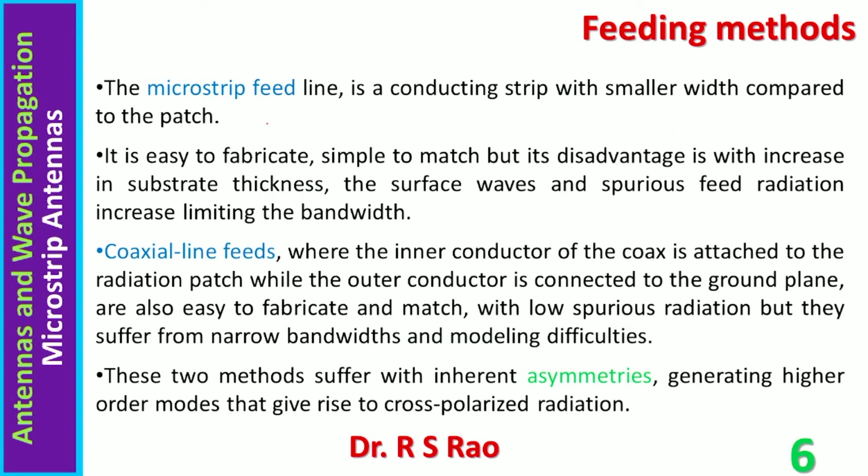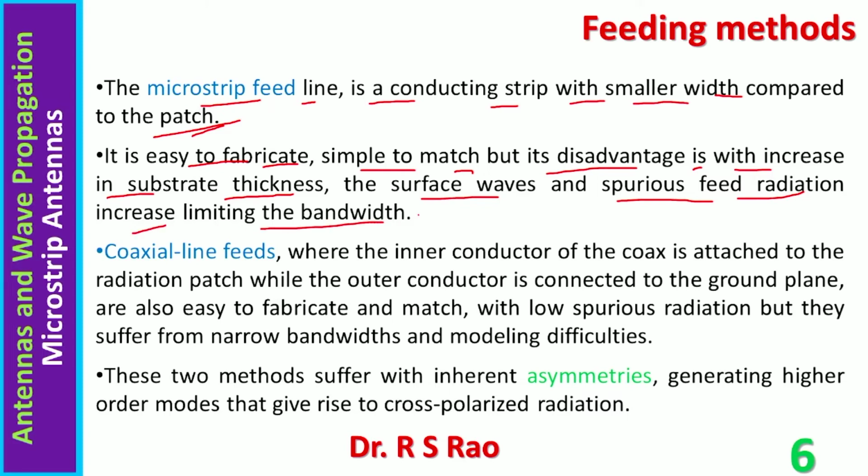A few points, detailed information regarding feeding methods. The microstrip feed line is a conducting strip with a smaller width compared to the patch. It is easy to fabricate, simple to match. But its disadvantage is that with the increase in substrate thickness, the surface waves and spurious feed radiation increase, limiting the bandwidth.